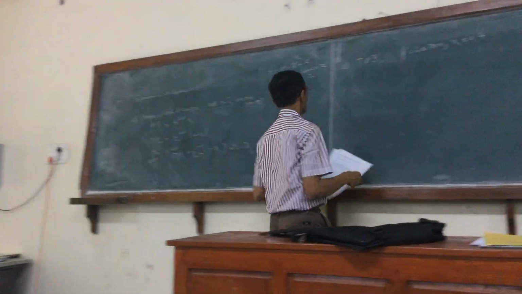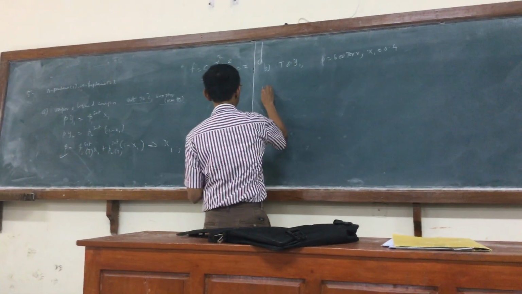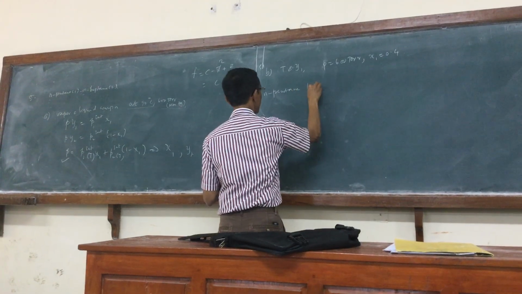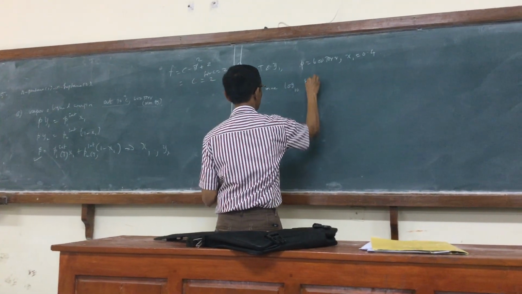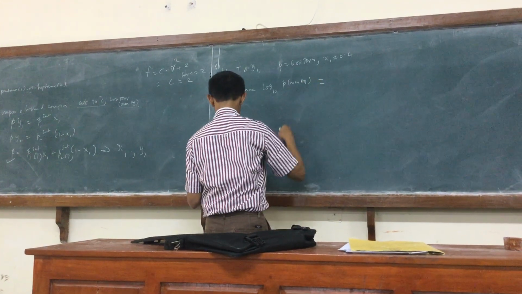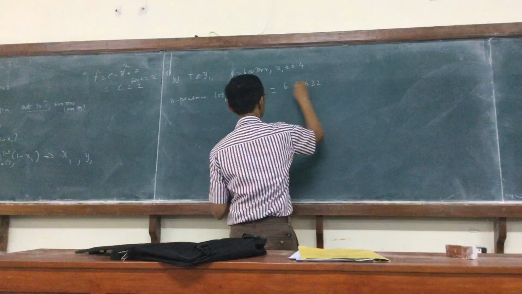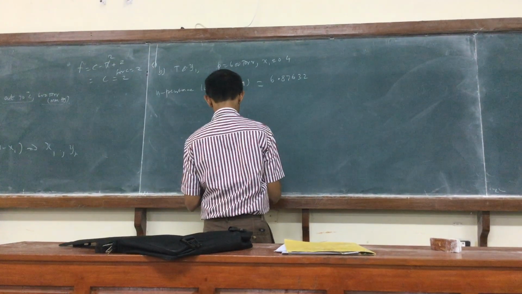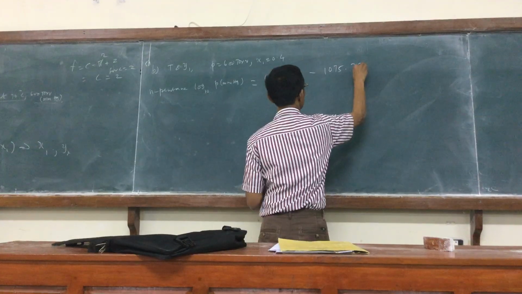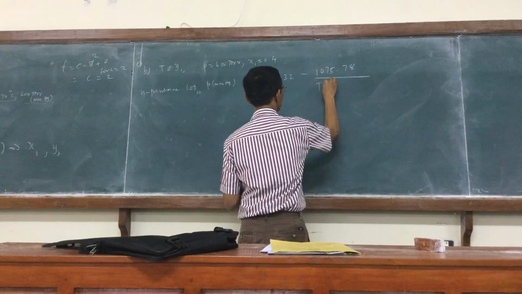So the Antoine equations are given. For n-pentane, we have log10 of P sat, which is in mmHg, given by A, 6.87632, minus B, 1175.78, divided by T, which is in degrees centigrade.